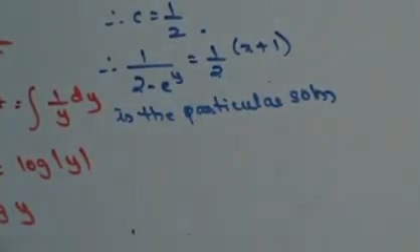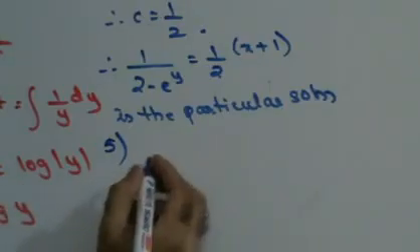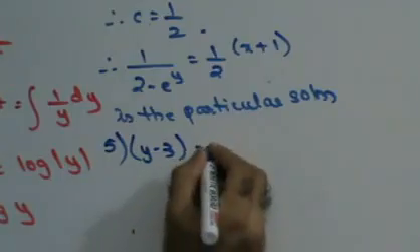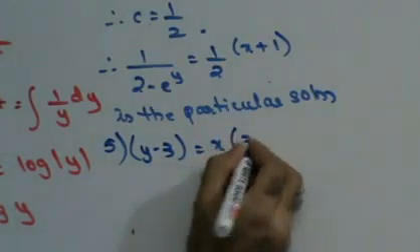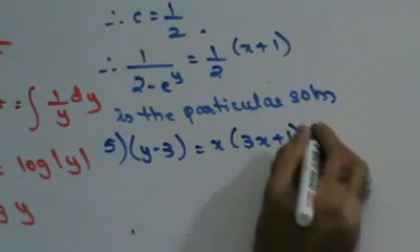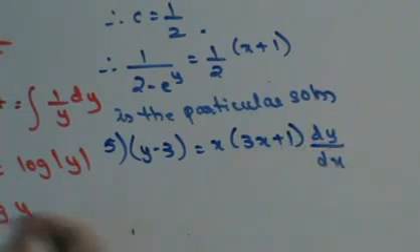Right, next let's see another sum. y minus 3 is equal to x into 3x plus 1 dy by dx.